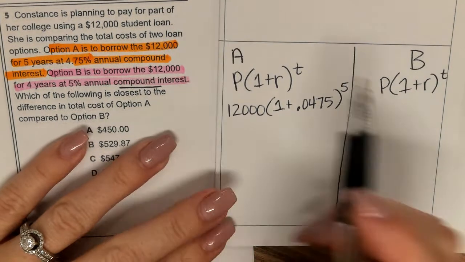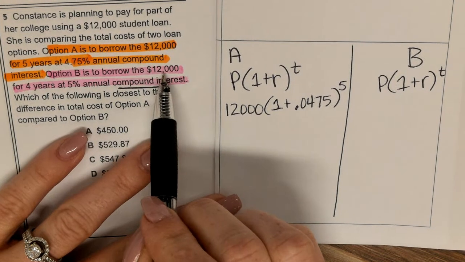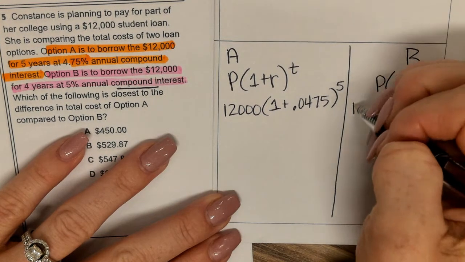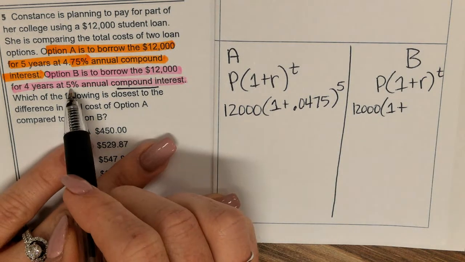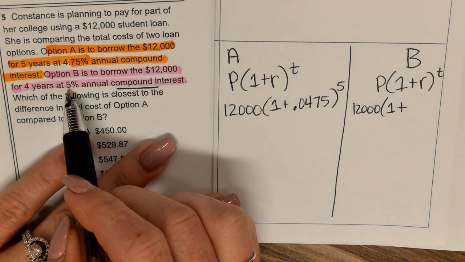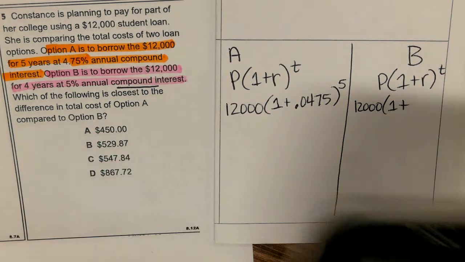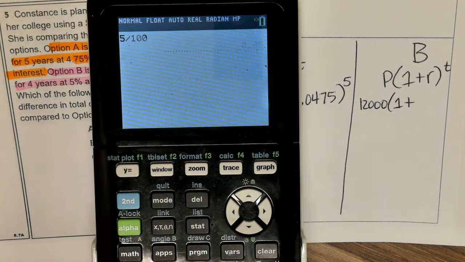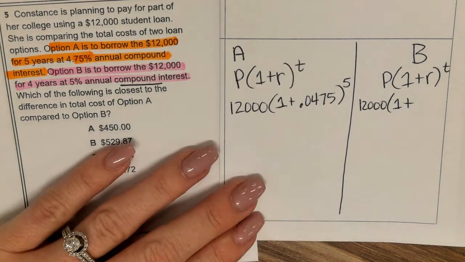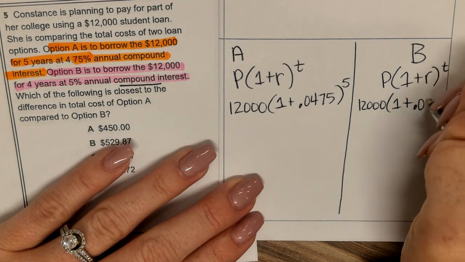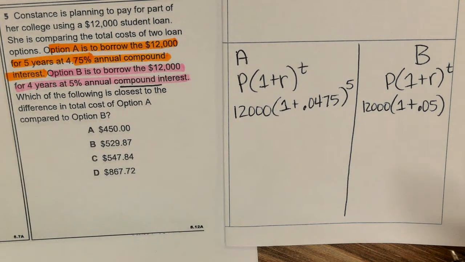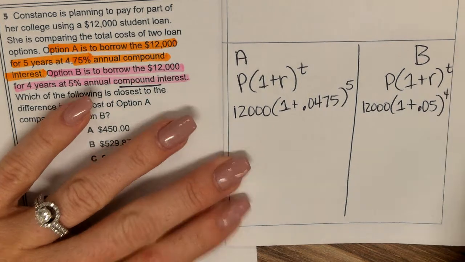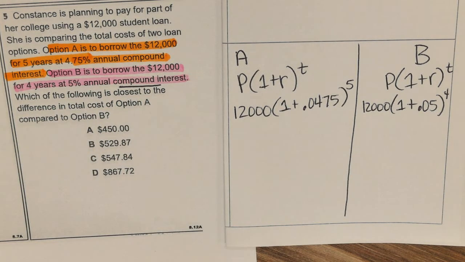What is the principal for option B? It's also $12,000. 1 plus, what's the rate for option B? 5%. So how do I change that to a decimal? 5 divided by 100 is 0.05. And what's the time for option B? 4. So far, has this problem been easy or hard?